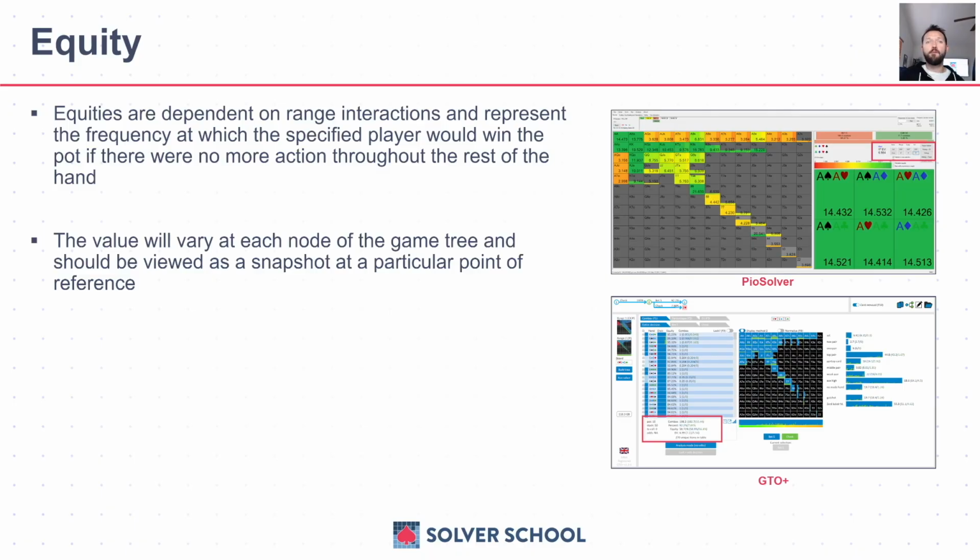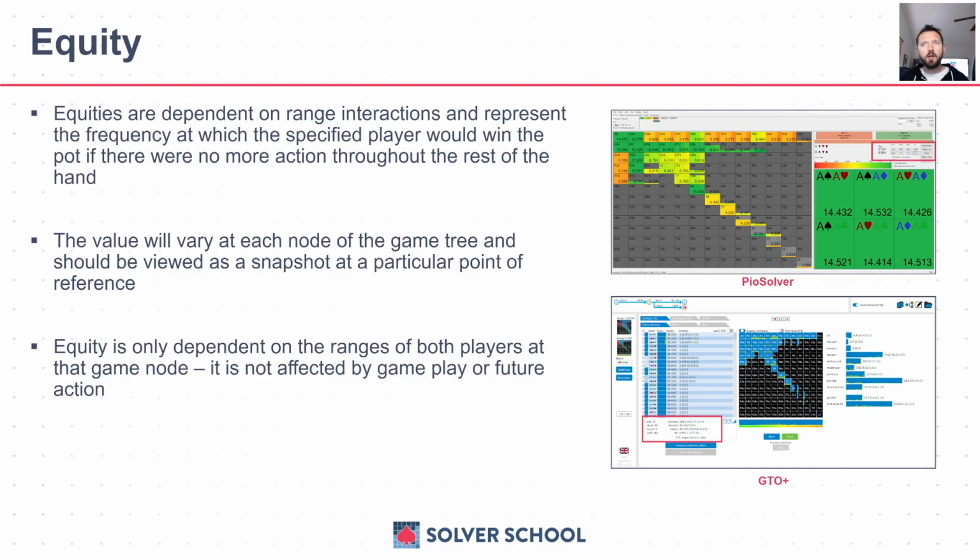So if they check with 50% of their range and bet with 50% of their range, the next node of the game tree will see different equities, because now at the next node of the game tree, the solver is going to look at that condensed range that only bets, or that condensed range that only checks, against the opponent's range. It's important, again, to look at things at that particular node or at that particular point of reference, because equities, again, are only going to be looking at the two ranges at that point in time against one another.